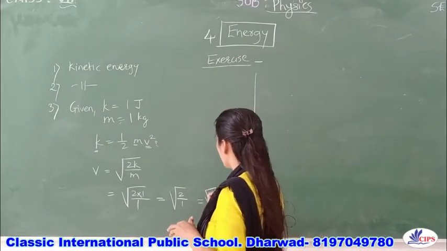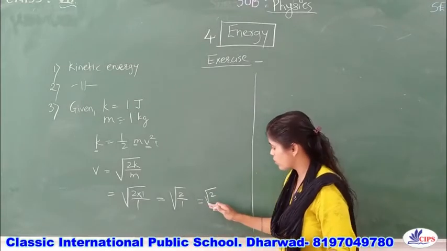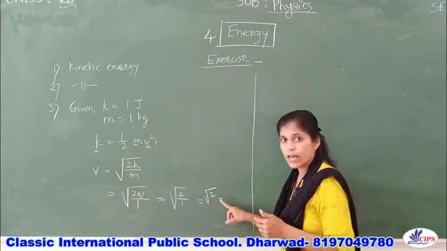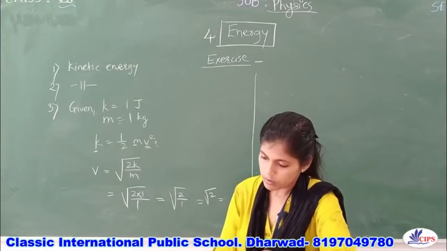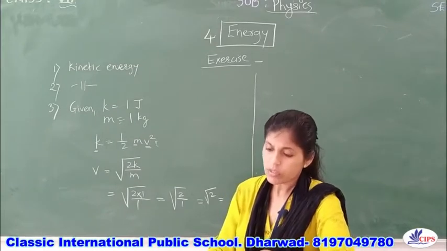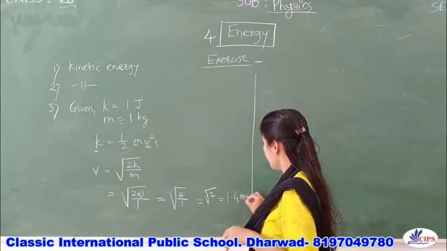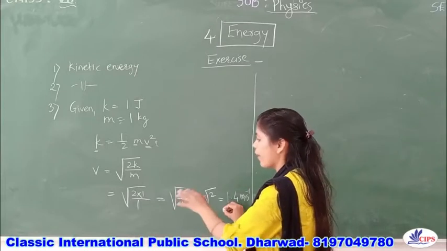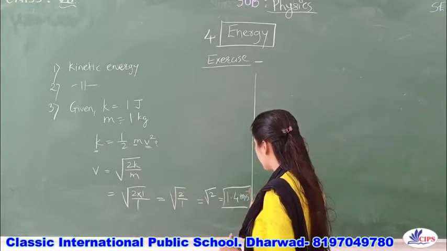If you want to write up to this only, you can. If you want to solve further, you can even solve further. That will be 1.4 meter per second. This is velocity, so meter per second. This will be your answer.